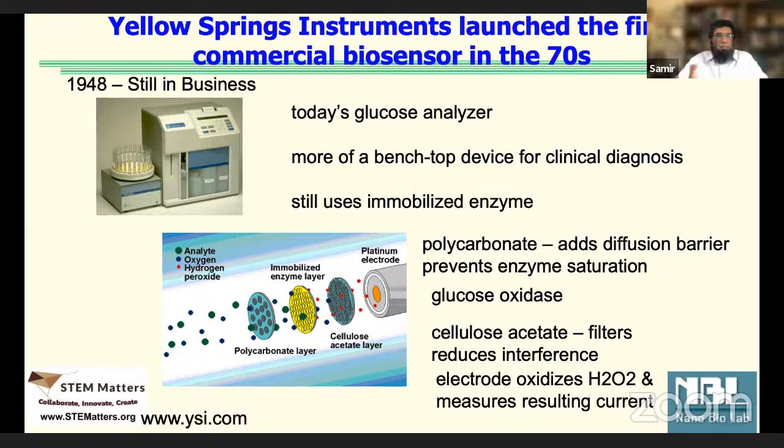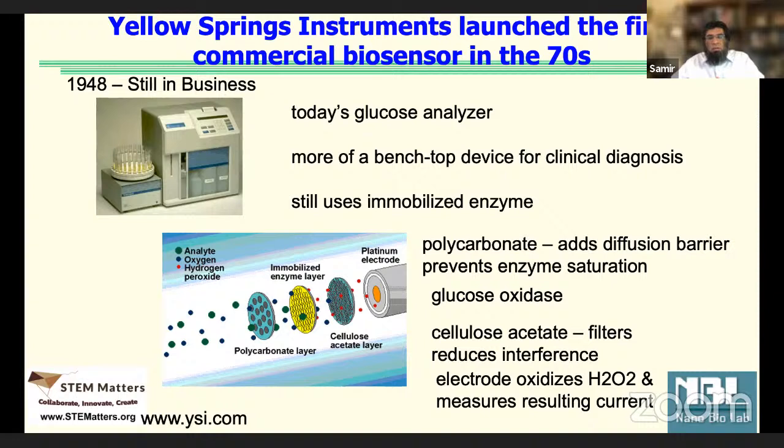Now, enzymes are molecules, right? They're proteins, which give us molecular recognition activity. There are many types of enzymes that we know now, and this binding activity is what changes the electrochemical properties of that surface or the measurement system.